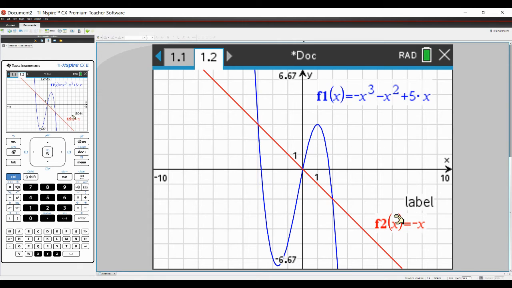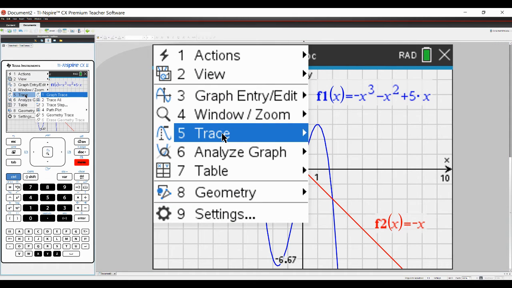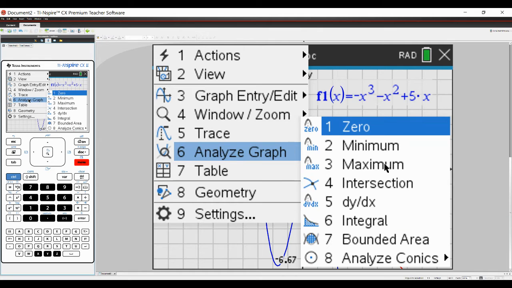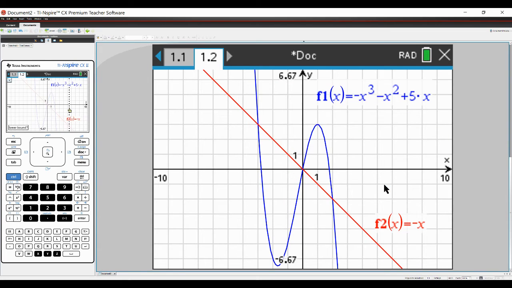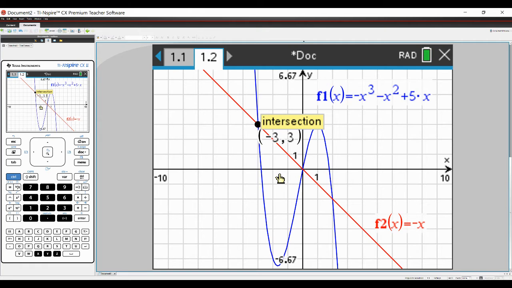And now I need to find my limits of integration. This one definitely looks like it's at 0, but we can go to menu and then Analyze Graph, which is 6. And we're going to look for some intersections. We're going to find one here.